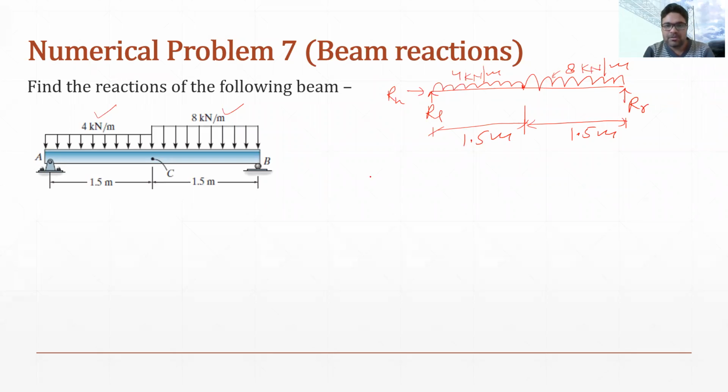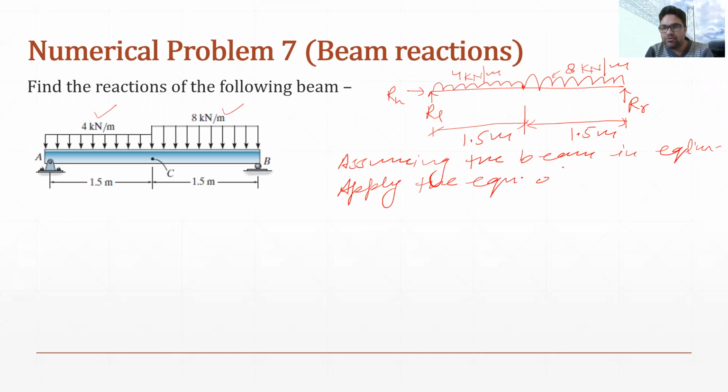So this time again we will assume the beam is in equilibrium, and then we will apply the equations of equilibrium.